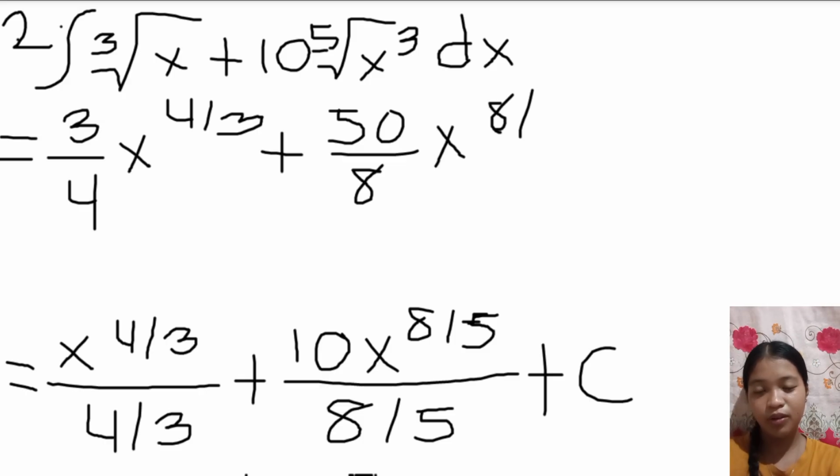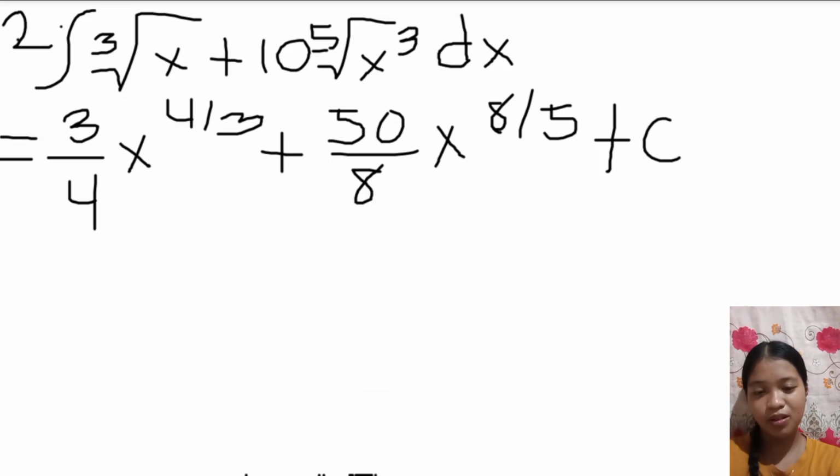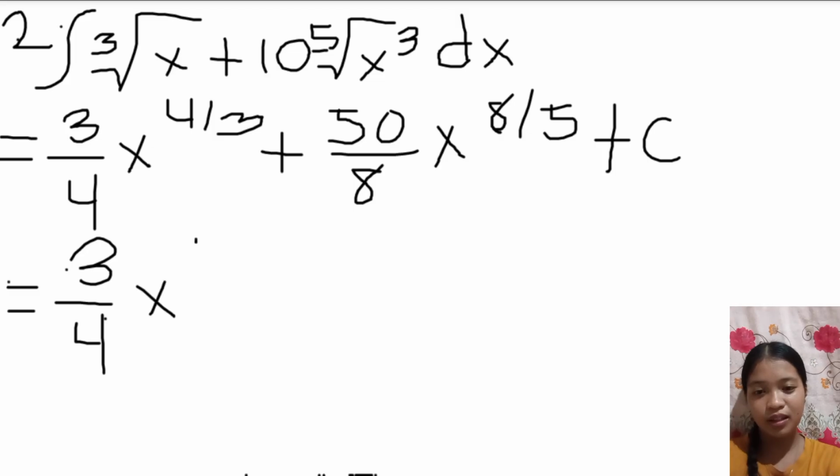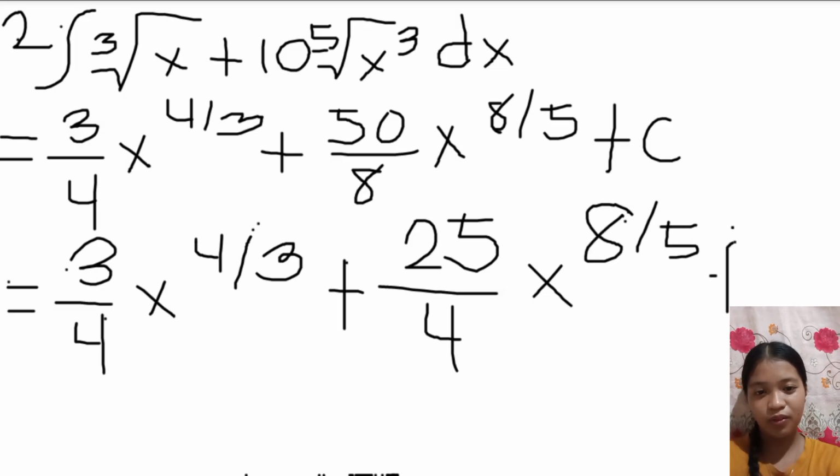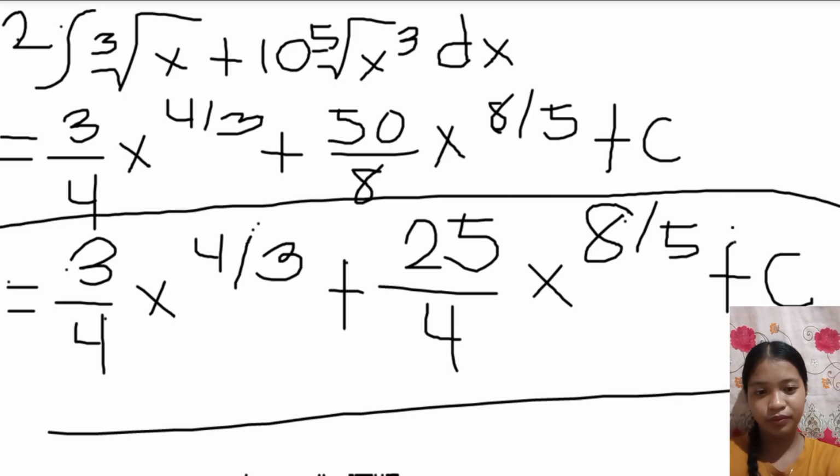So it will become 3/4 x raised to the power of 4/3 plus 50 over 8 x raised to the power of 8/5 plus c. Then we can still simplify it, so it will become 3/4 x raised to the power of 4/3 plus 25 over 4 x raised to the power of 8/5 plus c, and that's our final answer.